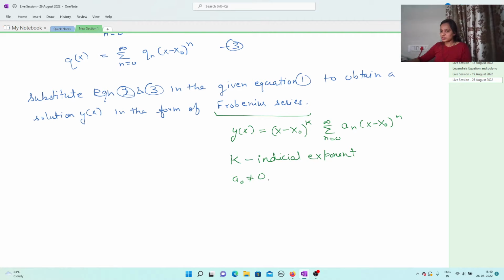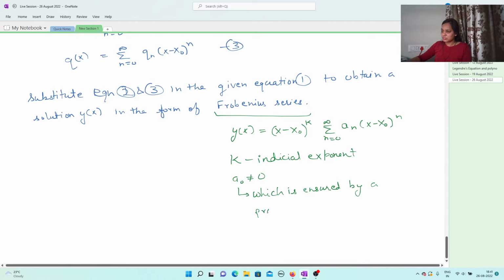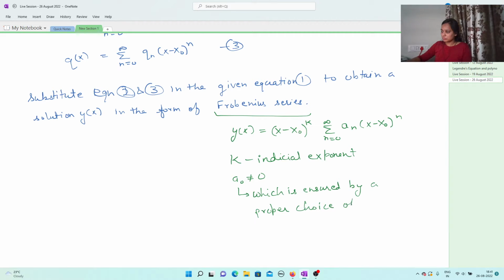So a naught should always be not equal to 0. And how can we make sure that a naught is not equal to 0? By ensuring a proper choice of k. Okay. So this is the Frobenius series.